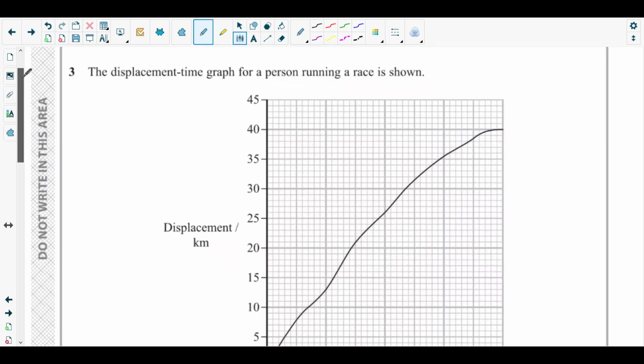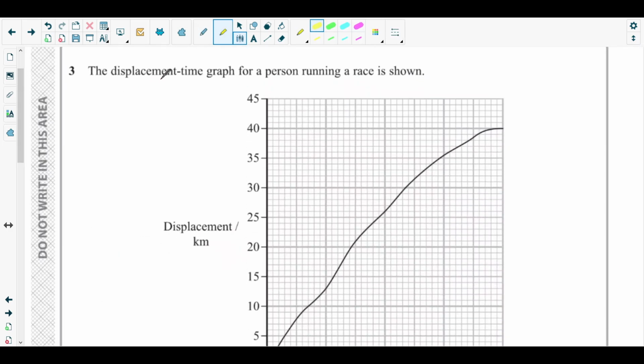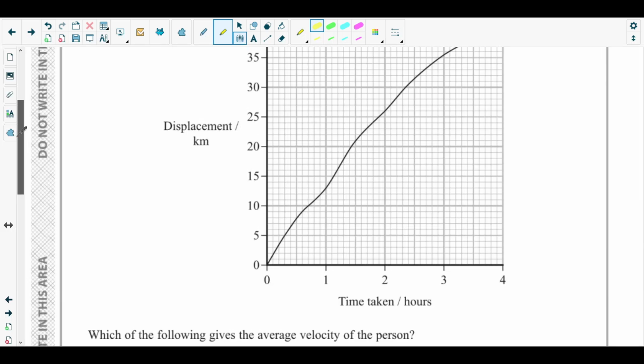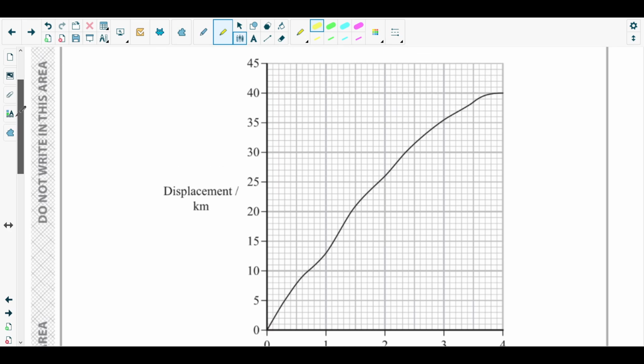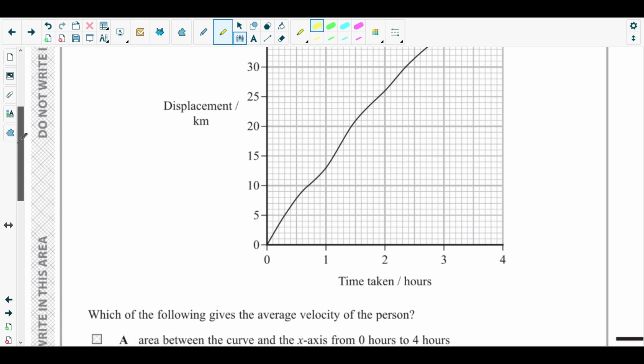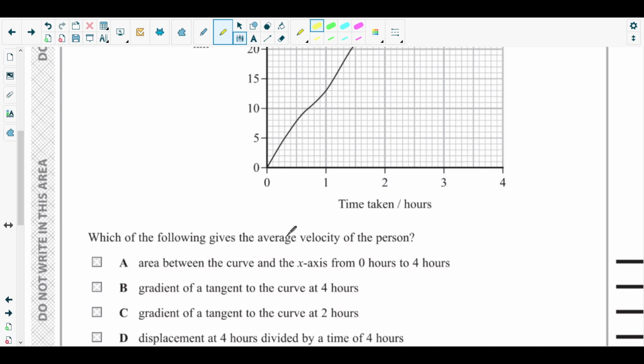Next, question 3. The displacement time graph for a person running a race is shown. This is the displacement time graph. Which of the following gives the average velocity of the person?